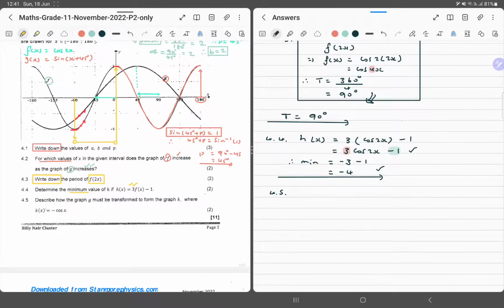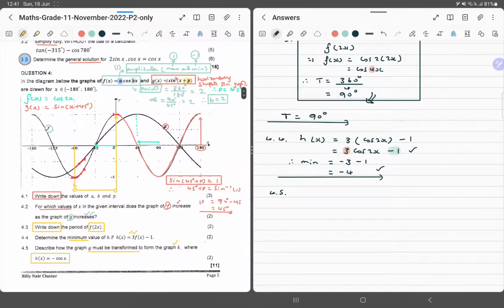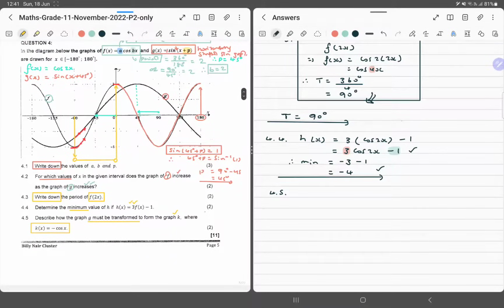4.5 says, describe how the graph of g must be transformed to form the graph of k, where k equals. Okay, now we see here, we ended up with a cosine graph from a sine graph, and the 45 is missing. So what did we do here? We lost 45. So how is sine related to cos?